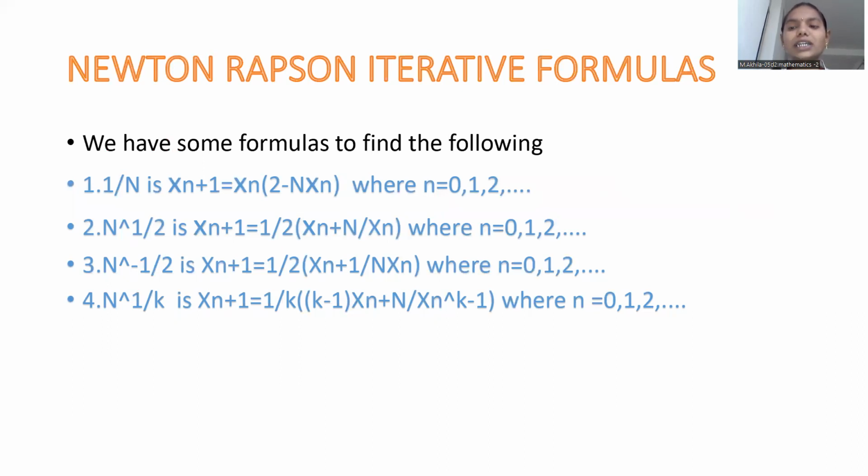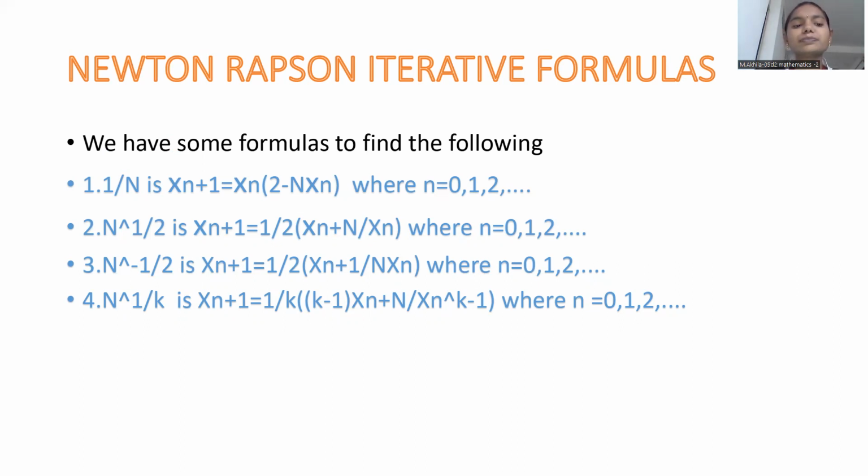Let us see how to find the reciprocal of a number. The (n+1)th approximation of the root is x(n+1) = xn(2 - N xn), where n = 0, 1, 2, and so on.